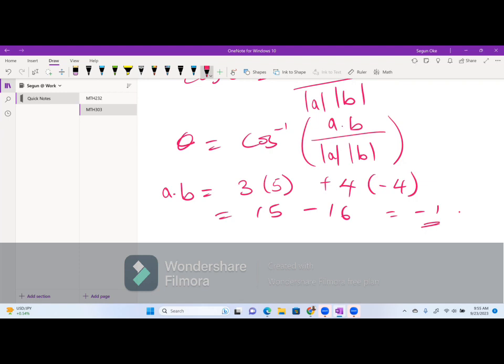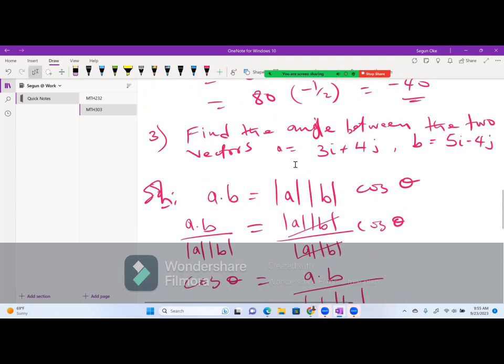Then we need to find the magnitude of A, which is the same thing as the square root of a squared plus b squared. What is my A? That is talking about here.